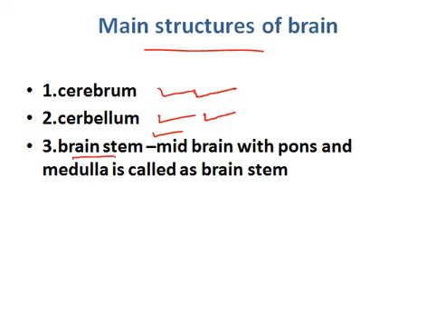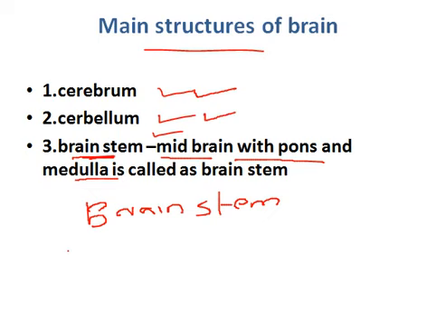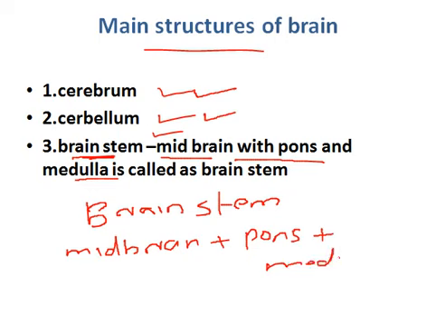Then brainstem. What is brainstem? Midbrain plus pons and medulla, or medulla oblongata. These three together are called the brainstem. If somebody asks you what is brainstem, you have to tell that it includes midbrain plus pons plus medulla.